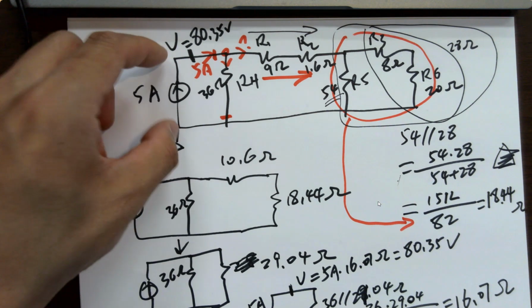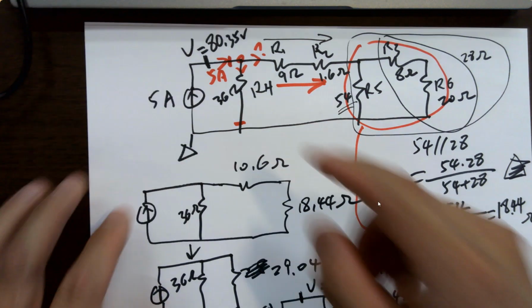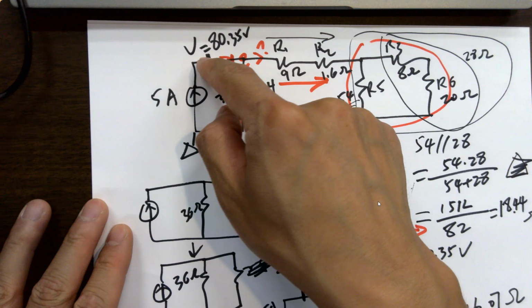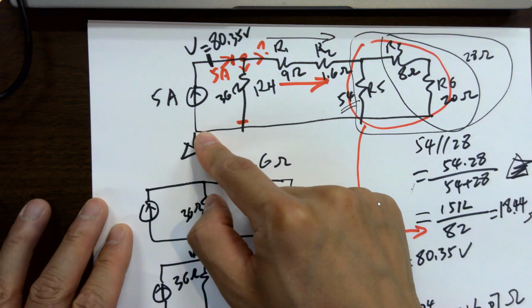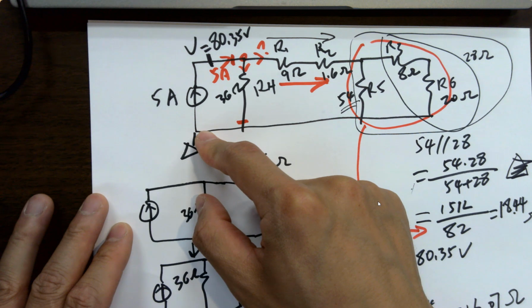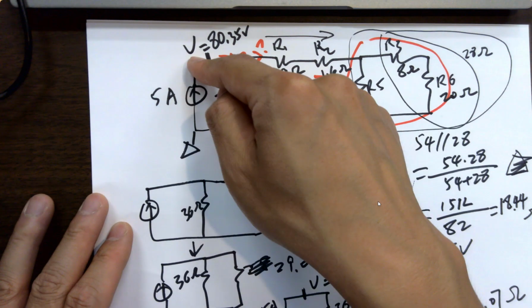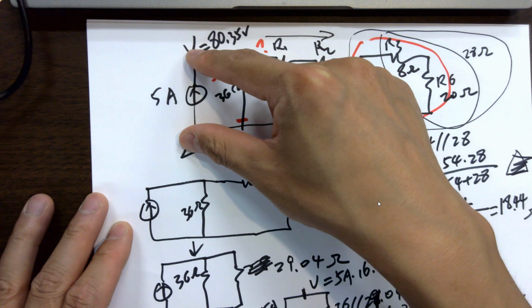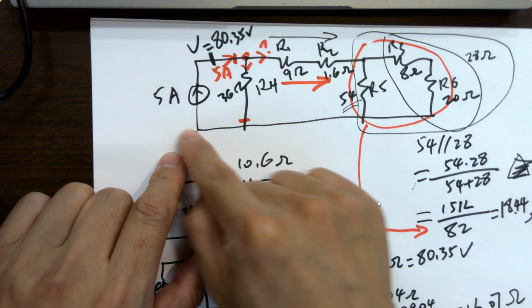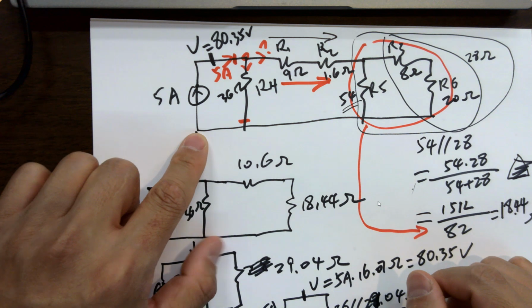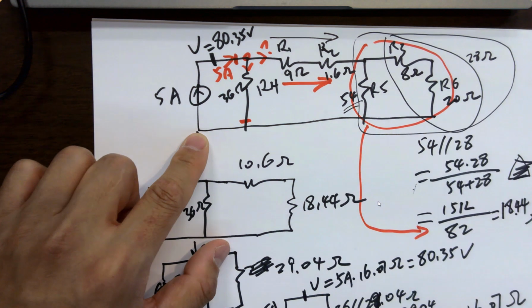So the voltage at this node is the voltage across this current source because this is grounded. Okay? The voltage at this point is the voltage across this current source. Make sense? If I don't ground it, you're asking, hey, you ground it by yourself. The problem doesn't have the ground. Then how do we look at this problem though?